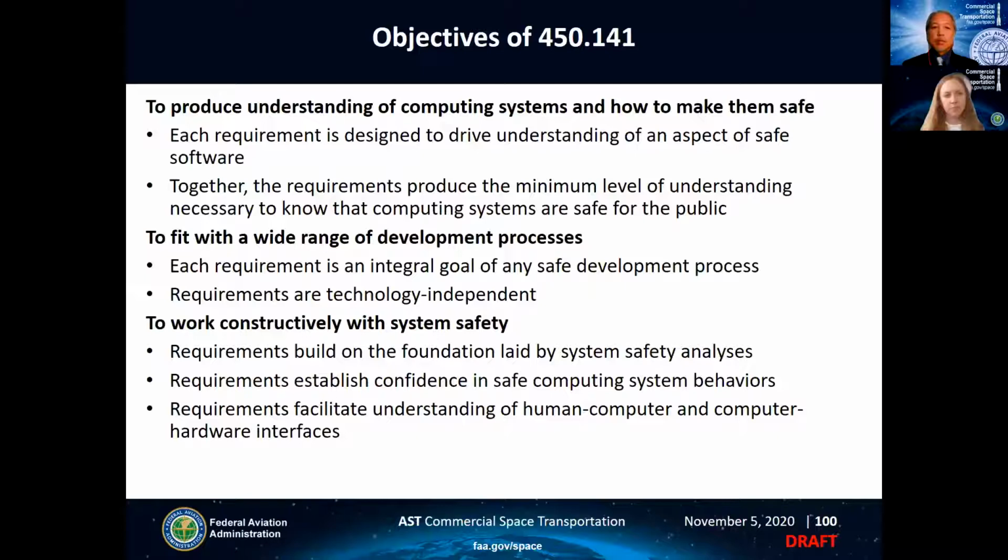And we retained this separate section because much like mental health is a separate discipline within all of medicine, software safety or computing system safety is a separate section of the regulation because it's a concentration of complexity with unique behaviors and behavior potentials and risk potentials that merit separate consideration. So these are the requirements that we use to design the requirements in 450-141.